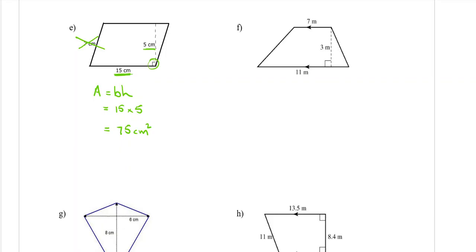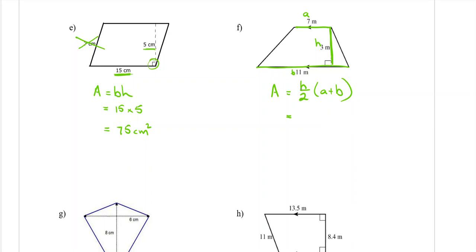F is a trapezium. The reason I know it's a trapezium is because I have this pair of parallel sides here, and I have the height between those 2 sides. So the formula is A equals H over 2 bracket A plus B. The H is going to be the 3. The A and the B are the 2 parallel ones, the 7 and the 11.